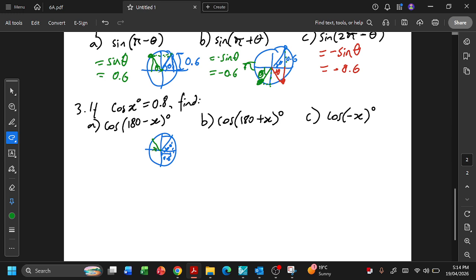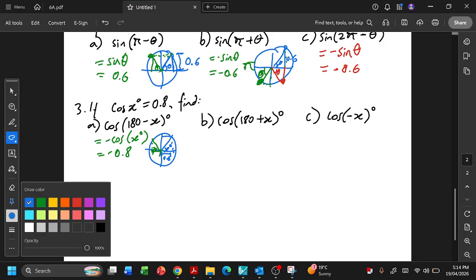So that's putting us right here. So we want to know what is the x coordinate of that point. We can see that that's just the negative version of this first diagram here. So we can see that that's going to be negative cosine of x degrees. And we know that cosine of x degrees is just equal to 0.8. So this is equal to negative 0.8.